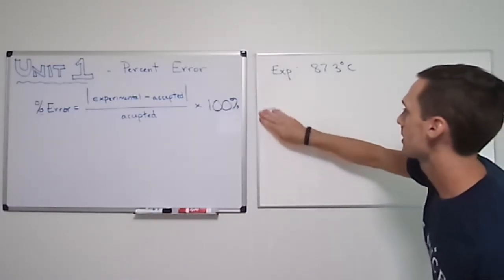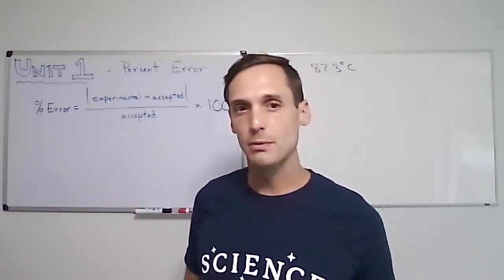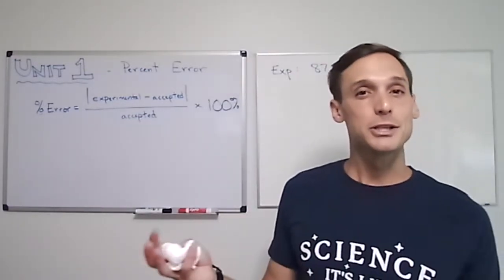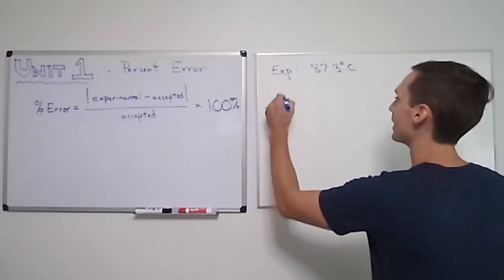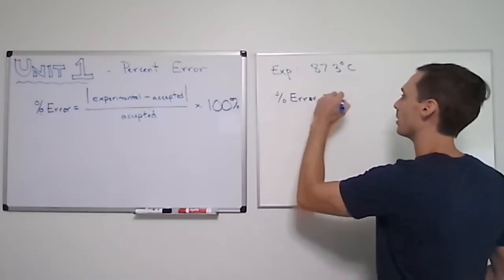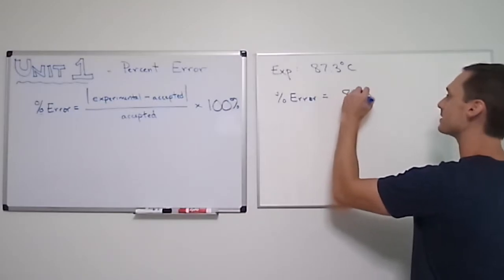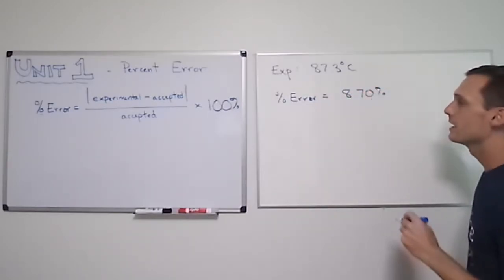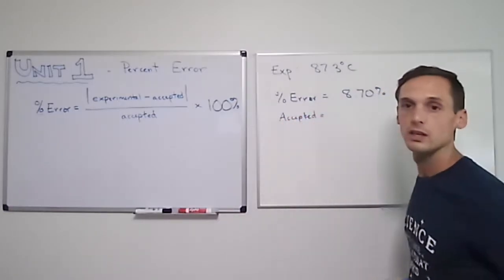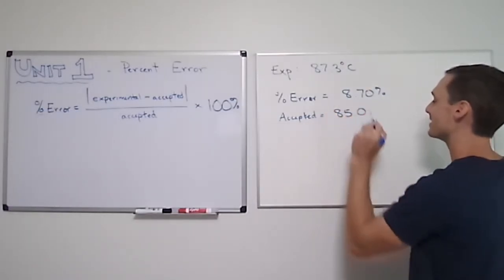Let's say we're looking at someone else's lab report, and we don't know what they got as their experimental measurement. But we know that they got a percent error of, let's say, 8.70%, and the accepted value in this case should have been 85.0.